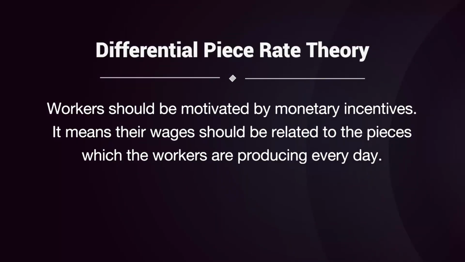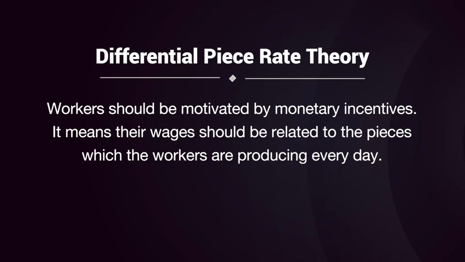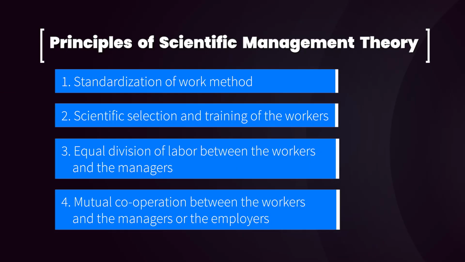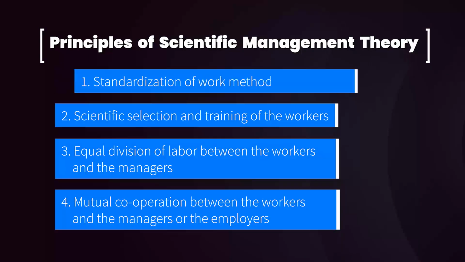It is also known as the differential piece rate theory or system. In this way, Taylor developed different types of techniques to increase the productivity and industrial output. These techniques were very much reflective of the scientific methods which Taylor repeatedly emphasized.